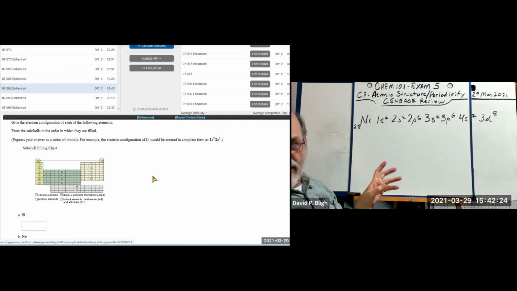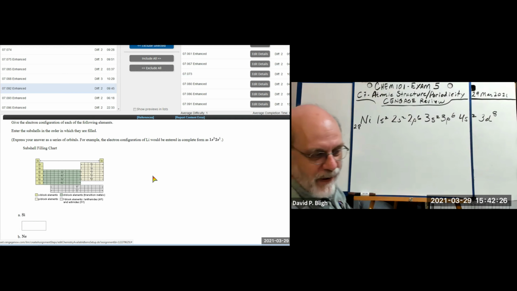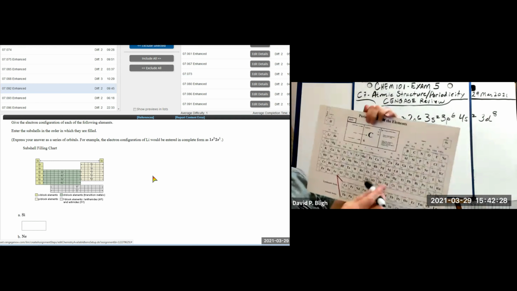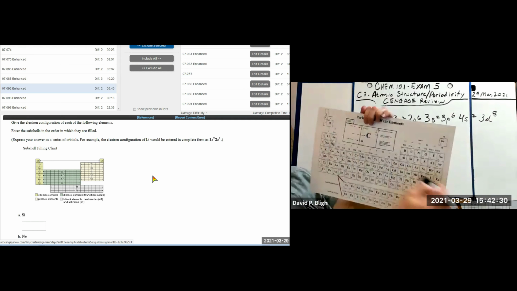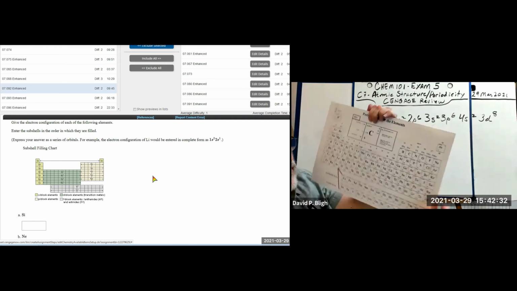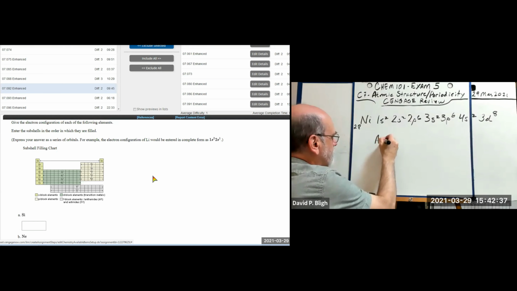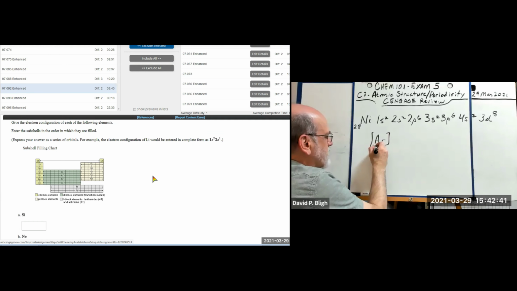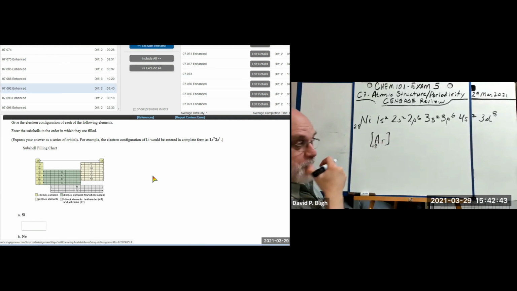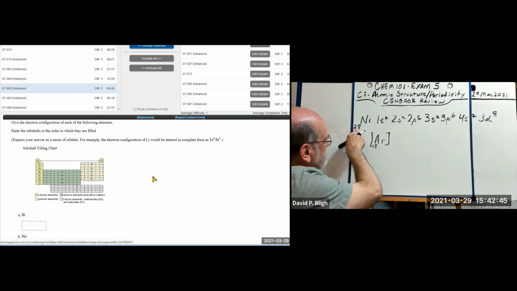Now, how would we write that shorthand? Well, you go backwards, right? You follow nickel and go backwards, wrap around until you find the nearest noble gas, argon, 18. Sometimes I'll write the number down there. So that means you have 10 more.